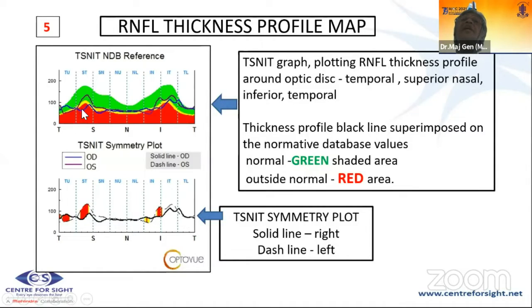Whereas in the left eye, we find that the humps are definitely low and it is more towards the red, showing that there is an advanced defect. But very important for us to look at is the symmetry graph, because remember that glaucoma is a disease of asymmetry, and you find that there's an immense amount of asymmetry between the right and the left eyes, both in the temporal area as well as in the inferior area.